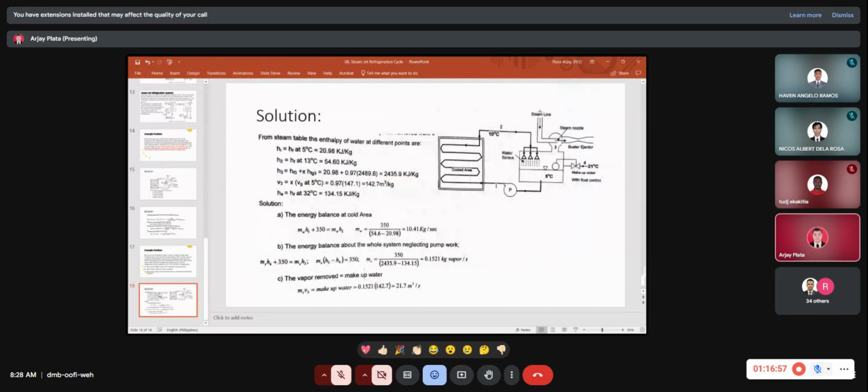Anyway, so yeah, 13 instead of 10. So H2 equals HF at 13 degrees, H3 equals HF plus X HFG.